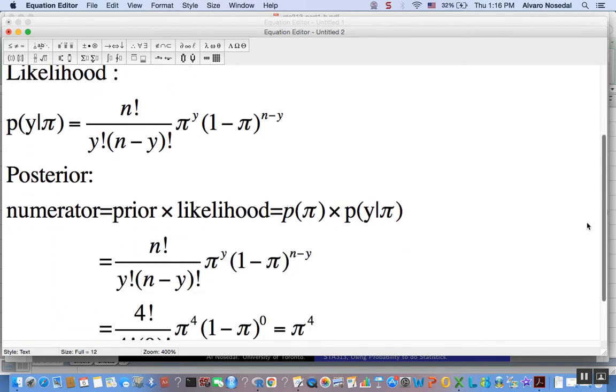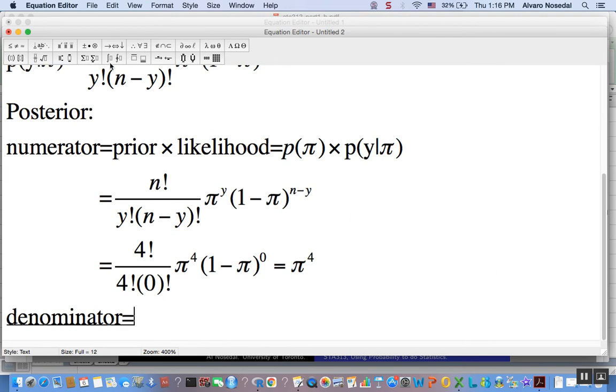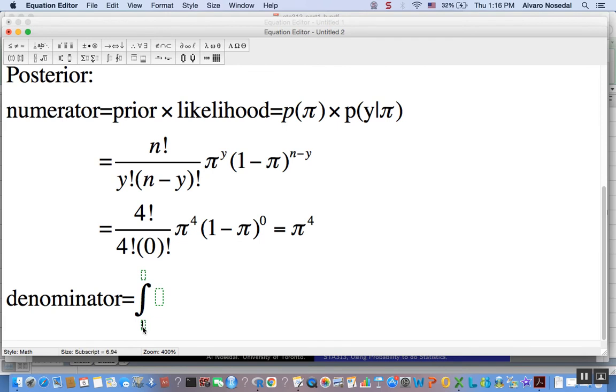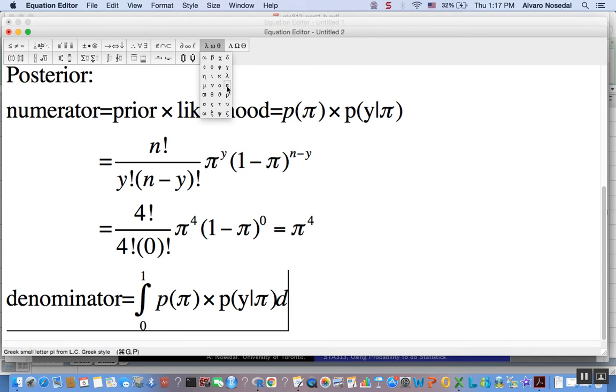So to find the denominator, instead of a sum, what we need is an integral. We're computing the sum for all possible values between 0 and 1 of the prior times the likelihood, with respect to the values of our proportion, pi.